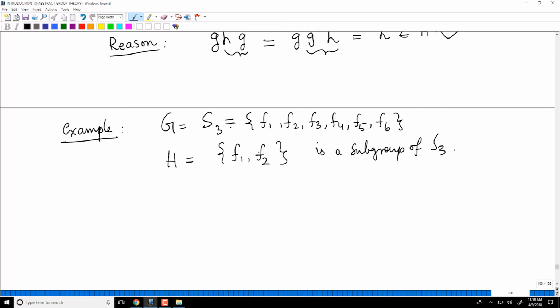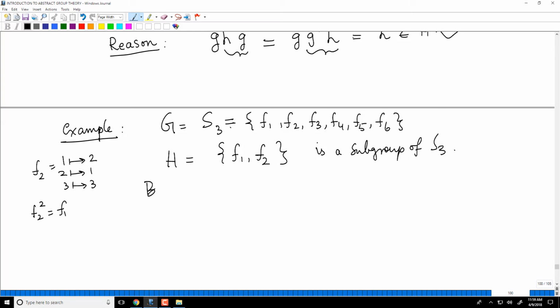And I'll remind you what F2 is: F2 is the function which sends 1 to 2, 2 to 1 and 3 to 3. So F2 squared is F1, which is the identity function. So it is a subgroup.